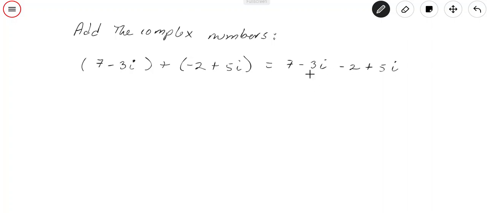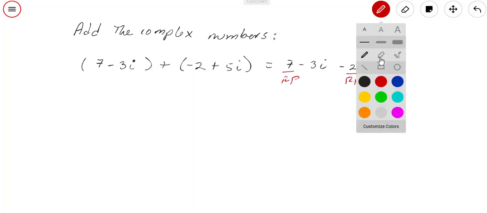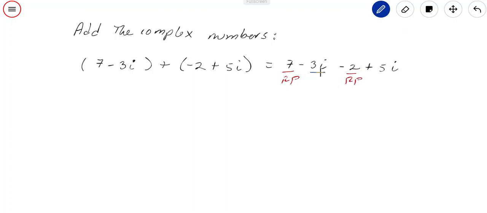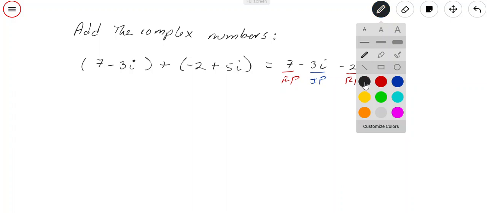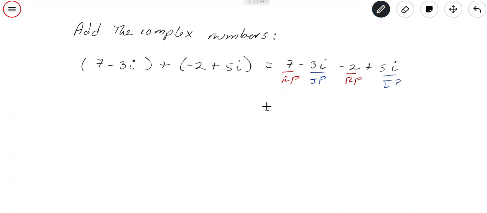And once I have my numbers in this form, I will combine real part with real part and imaginary part with imaginary part. So 7 is real part, negative 2 is real part. And in this case, negative 3i is imaginary part and 5i is imaginary part. So in addition and subtraction, you combine real with real, imaginary with imaginary.